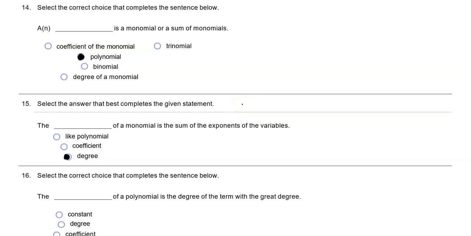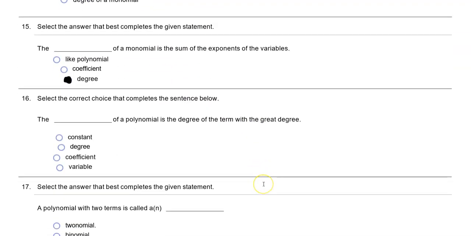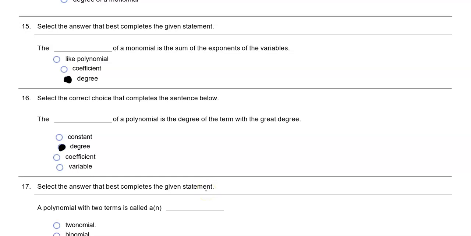The degree of a monomial is the sum of the exponents of the variables. The degree of a polynomial is the degree of the term with the greatest degree.